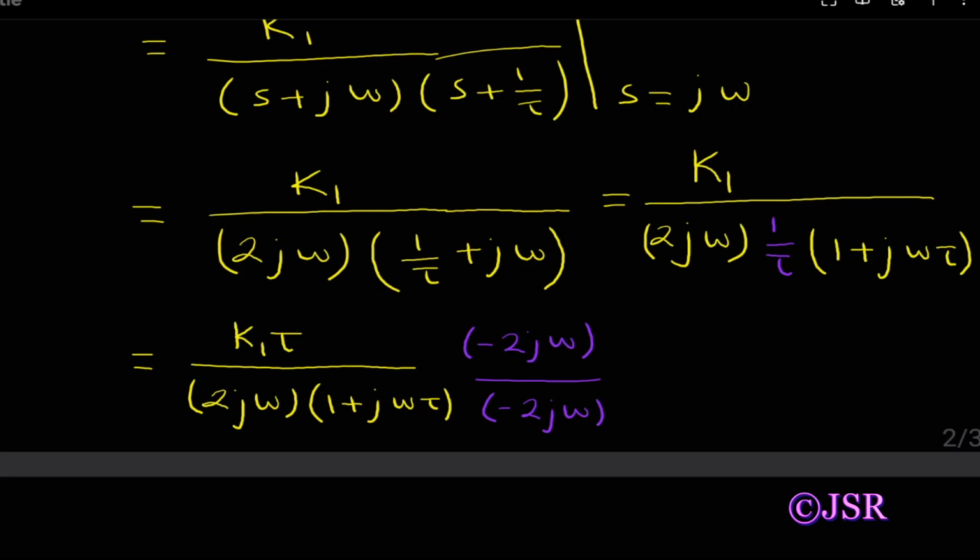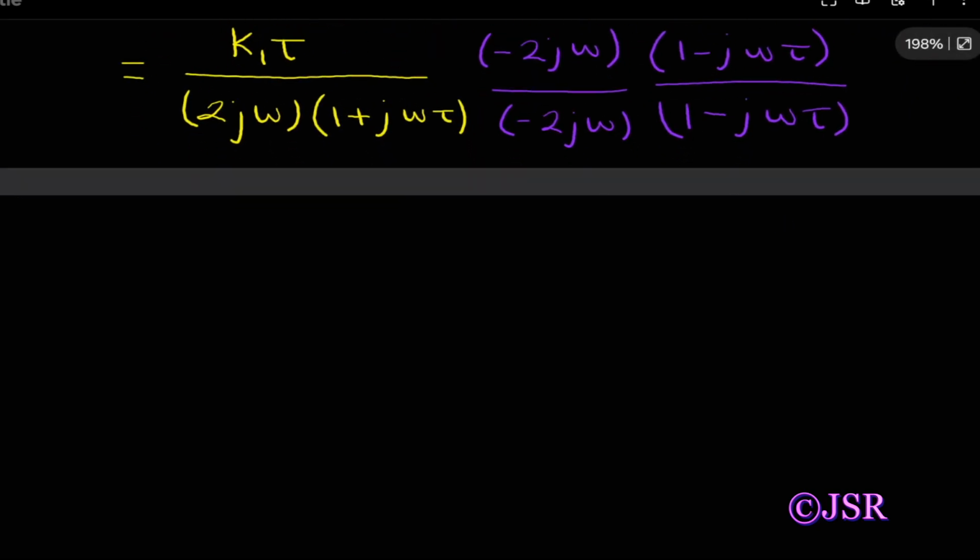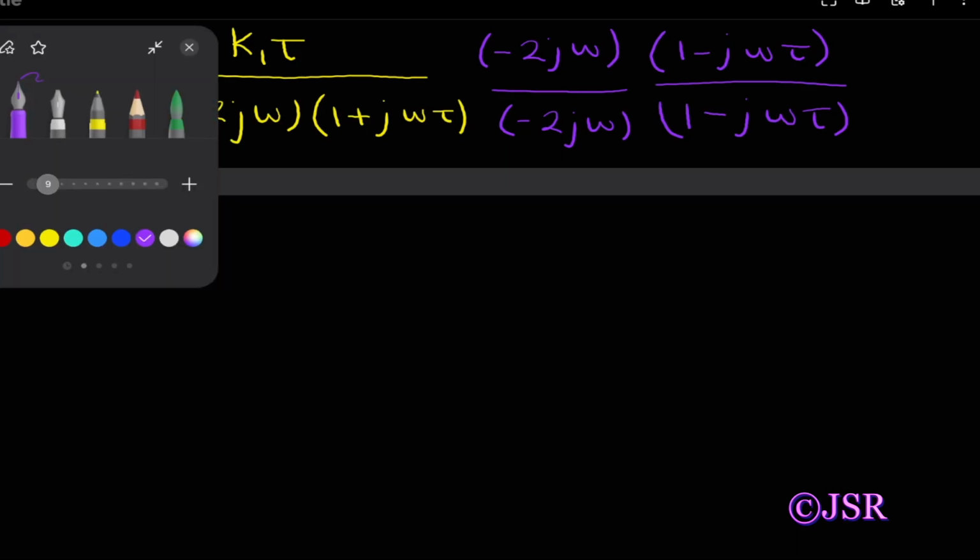Similarly, the conjugate of the second factor 1 plus j omega tau is 1 minus j omega tau, so we have to multiply and divide by 1 minus j omega tau.